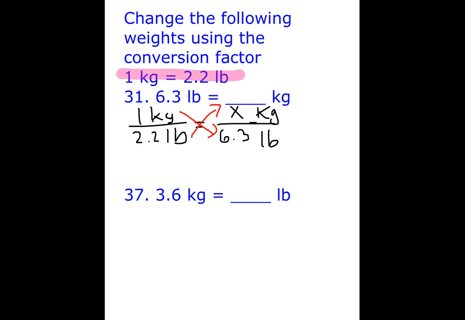So 2.2 times x is equal to 2.2x. 1 times 6.3 is equal to 6.3. Divide by 2.2. X is equal to 2.9 kg. Okay.